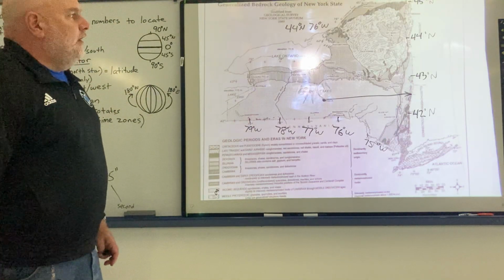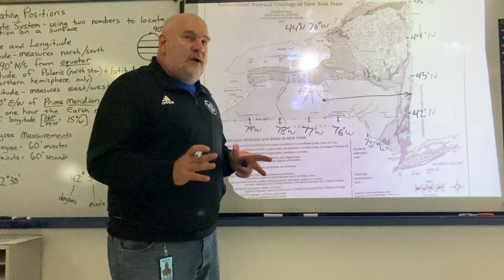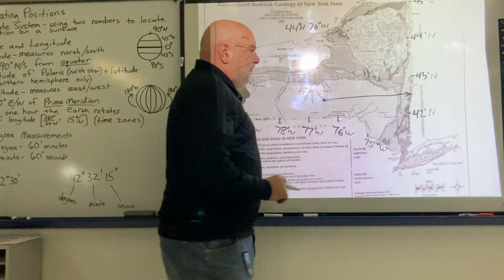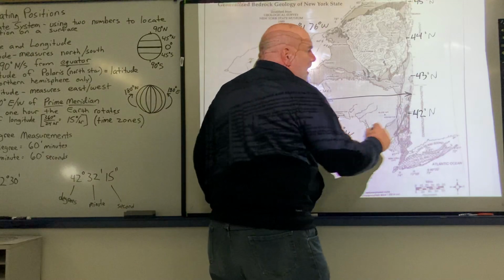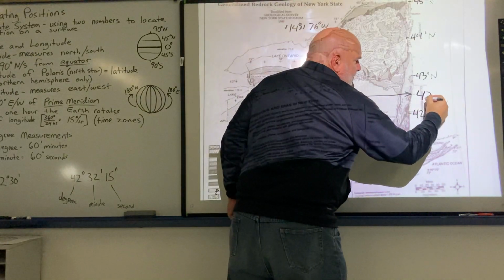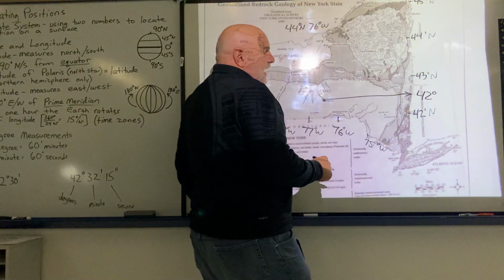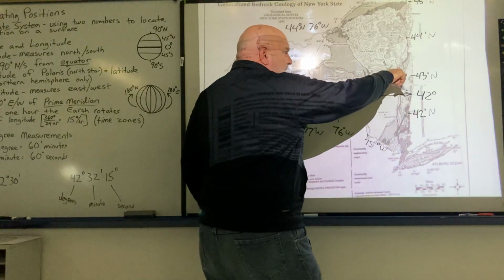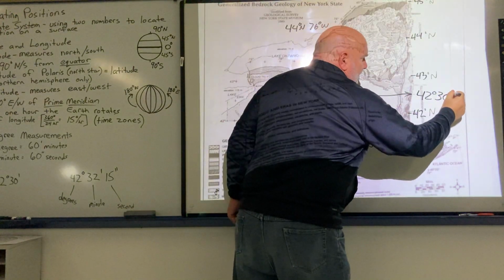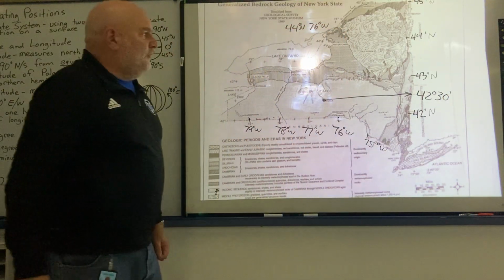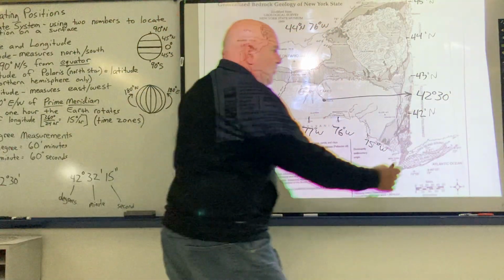So remember that every degree is broken up into 60 minutes. So if I'm halfway between 42 and 43, how I'd write that would be 42 degrees, and there's 60 minutes from there to there, so half of that would be 30 minutes. So it'd be 42 degrees, 30 minutes, and again, that would be north.